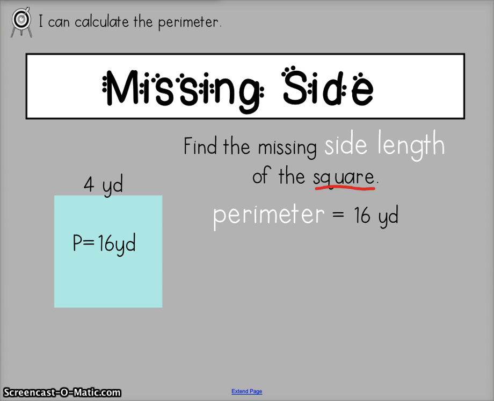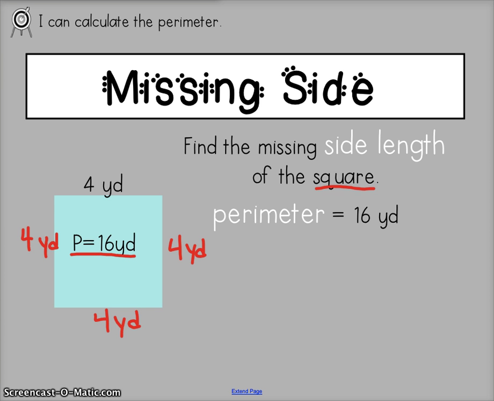Is that only sometimes? That is all the time. If it's a square, the side lengths are always the same. So that means this side length is 4 yards, this side length is 4 yards, and this side length is 4 yards. Now, just to double check and make sure that that's correct, I would add those 4 sides together to make sure that the perimeter is 16 yards.